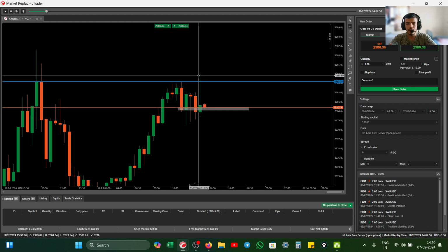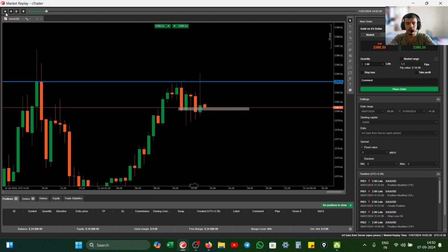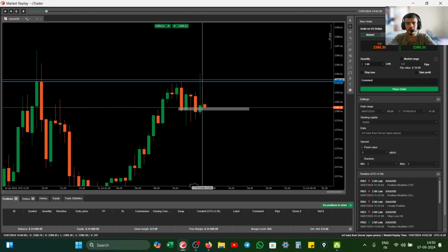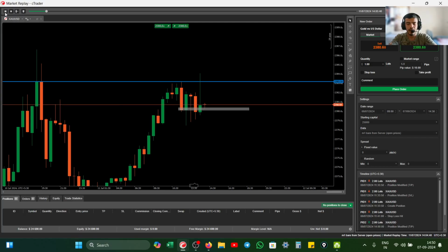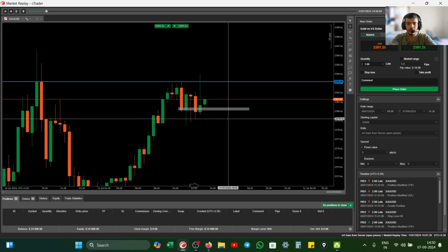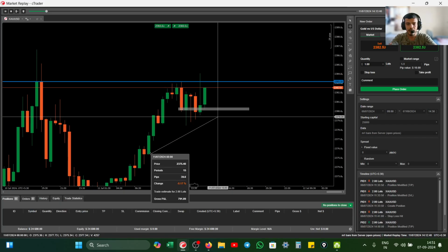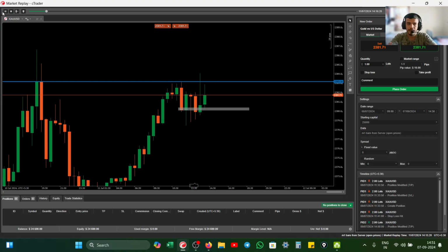The thing is, because it rejected this area previously, right here, and now it's doing the same, we are anticipating that move. So we are waiting for this candle to break the low of the previous candle here. If it does break, then we can say it goes bearish. If it doesn't, then it is what it is, guys.